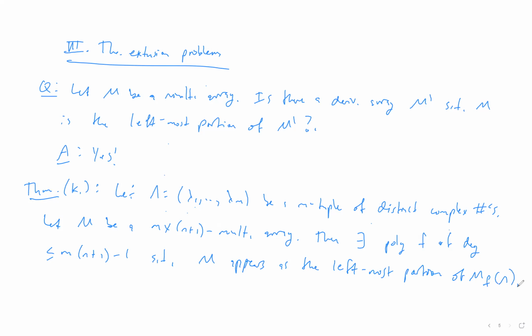So this is saying that if you give me any m-tuple of complex numbers, and then you give me any multiplicity array, I can find some derivative array with respect to the same set lambda, such that our given M appears at the leftmost portion of it.